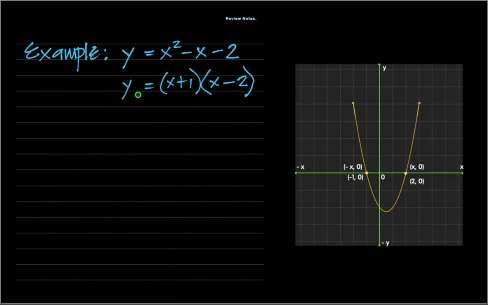So it means, like I said before, anytime a graph cuts the x-axis, the value of y at that point is equal to 0. So now let's see. Assuming you are given y is equal to x squared minus x minus 2, and you are required to find the x-intercepts.